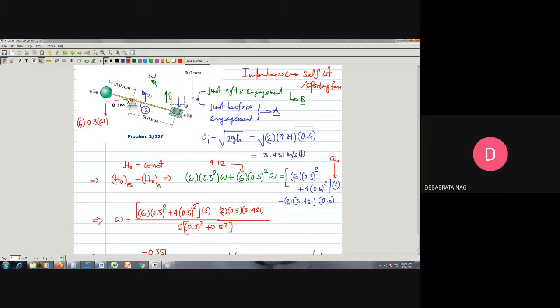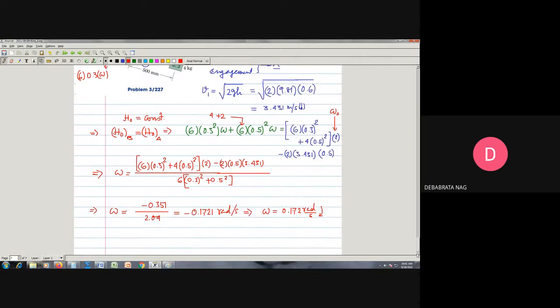Everything we had taken anti-clockwise. So since our answer is finally turning out with a negative sign, it means that our assumption is not correct. So after engagement, the angular velocity of the system becomes clockwise, and this will be its magnitude.